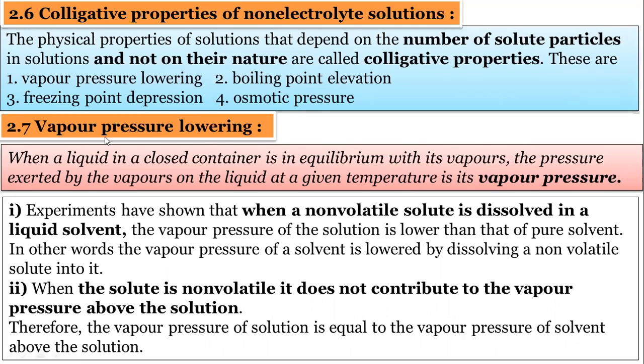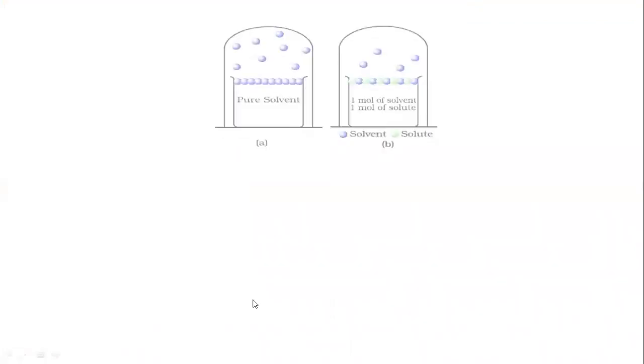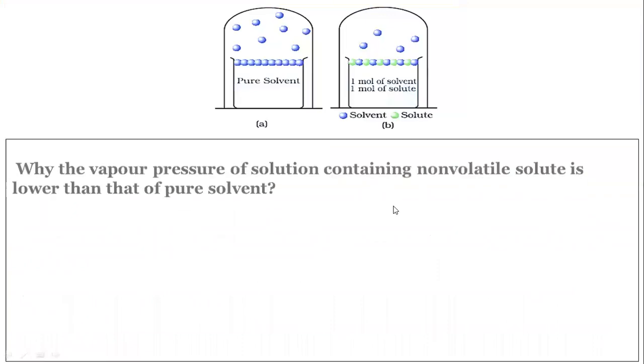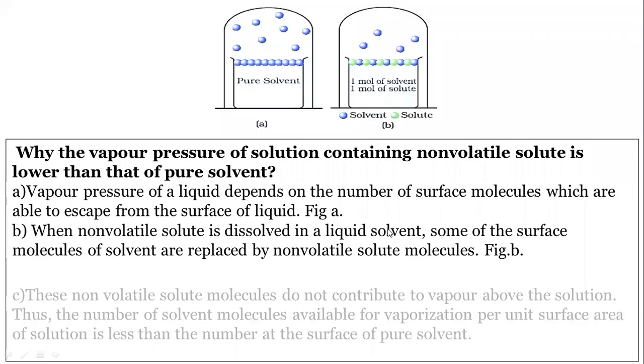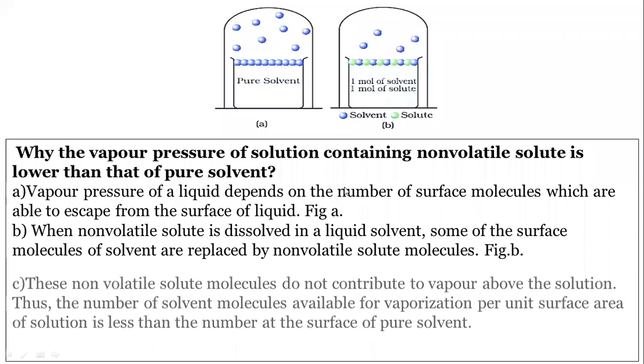So this is called lowering of vapor pressure. Vapor pressure lowering means decrease in vapor pressure, and this decrease is due to the addition of non-volatile solute. I think you understand this colligative property.